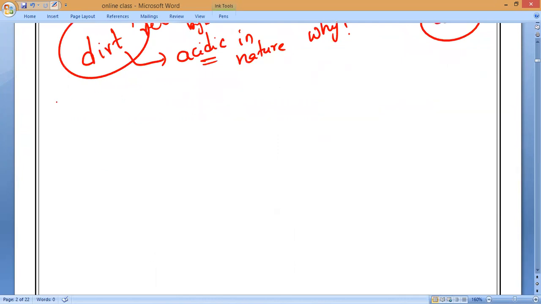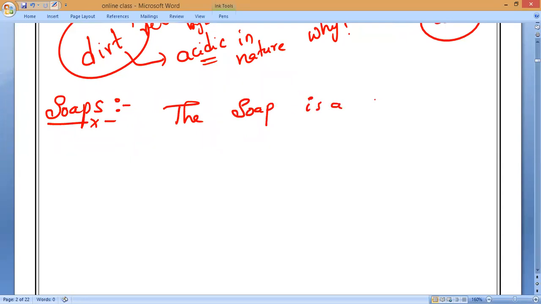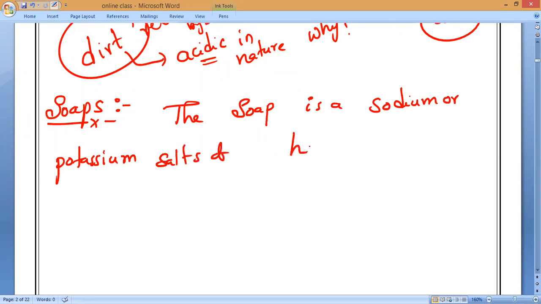That is the meaning of soaps. It is a very, very important definition, so please all of you write it. Even in the book you will find: a soap is a sodium or potassium salt of higher fatty acids.